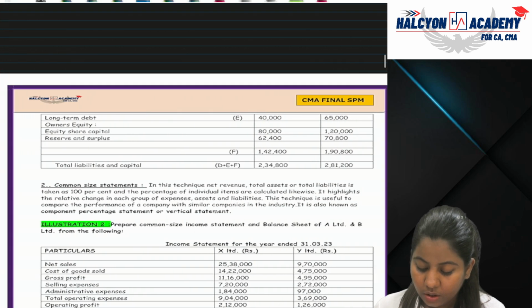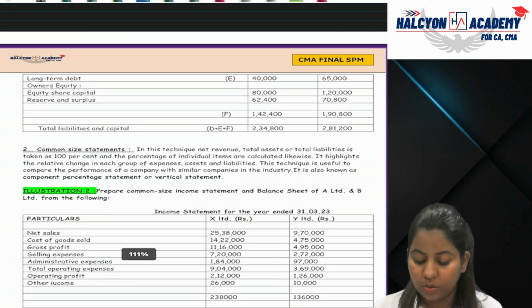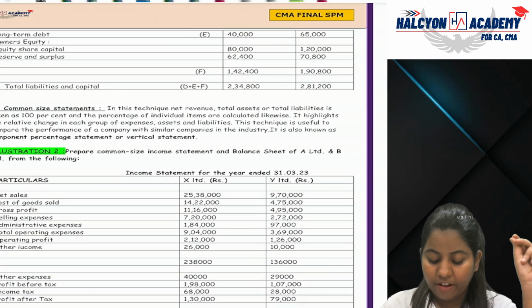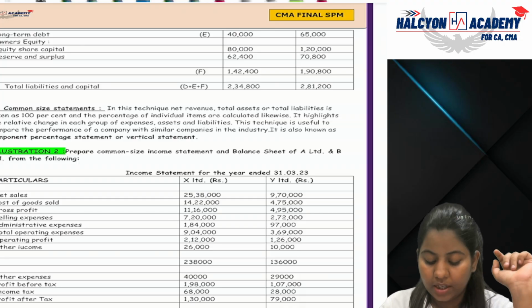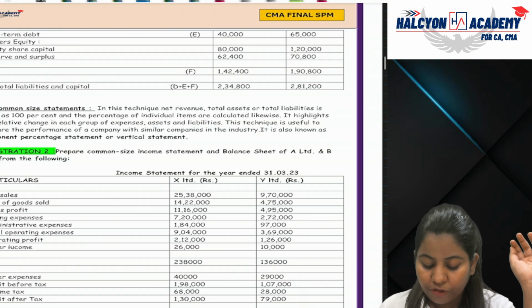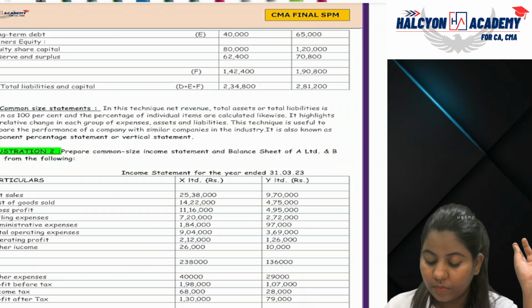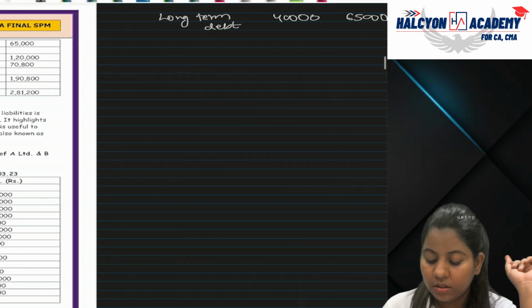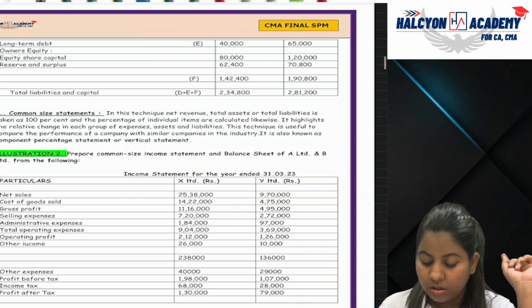Then next is owner's equity. In owner's equity, we have bifurcation of equity share capital and reserves and surplus. So first, equity share capital. It is 80,000 in previous year and 1,20,000 in current year.